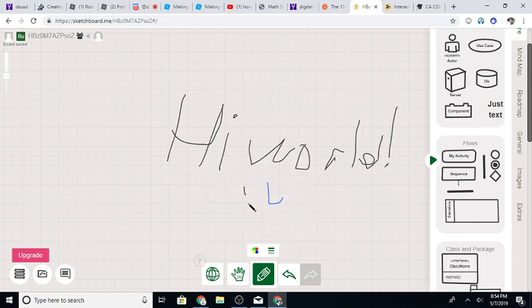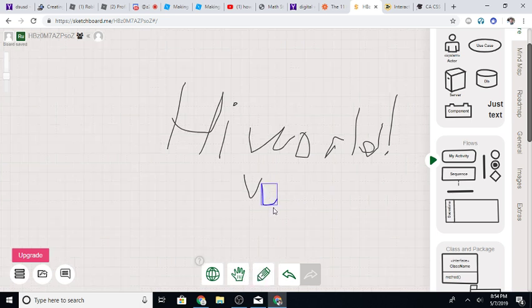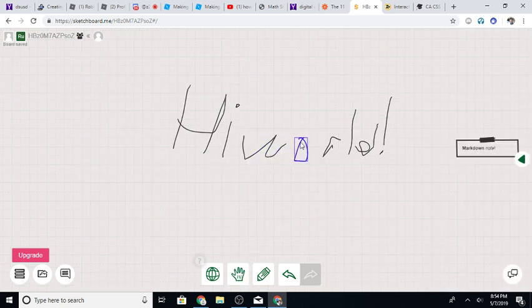Restore default. Wait, it just like goes like that?